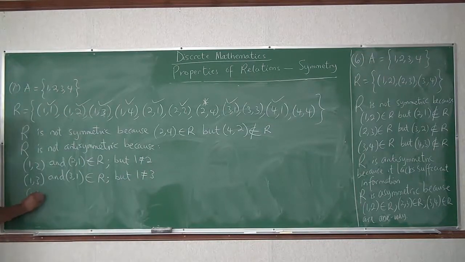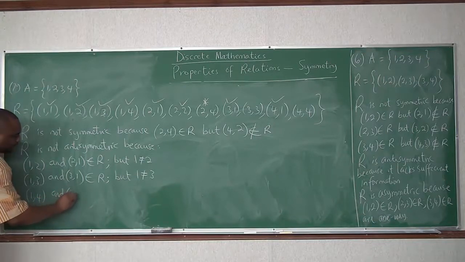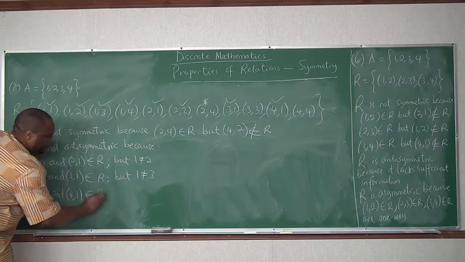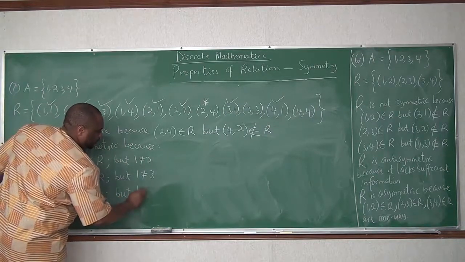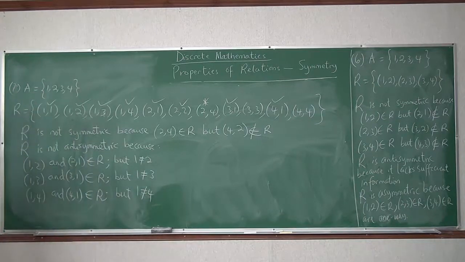And 1, 4 and 4, 1 are elements of R, but 1 is not equal to 4. The pairs 1, 1, 2, 2, 3, 3 and 4, 4 are good, but because of the others, R is not antisymmetric.